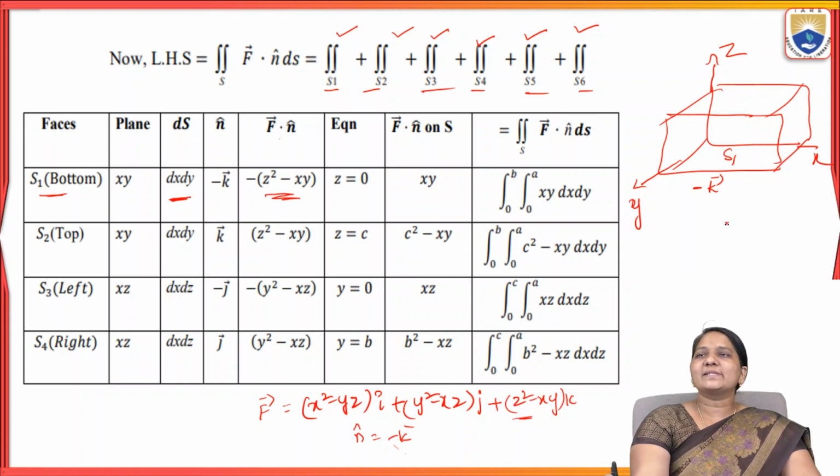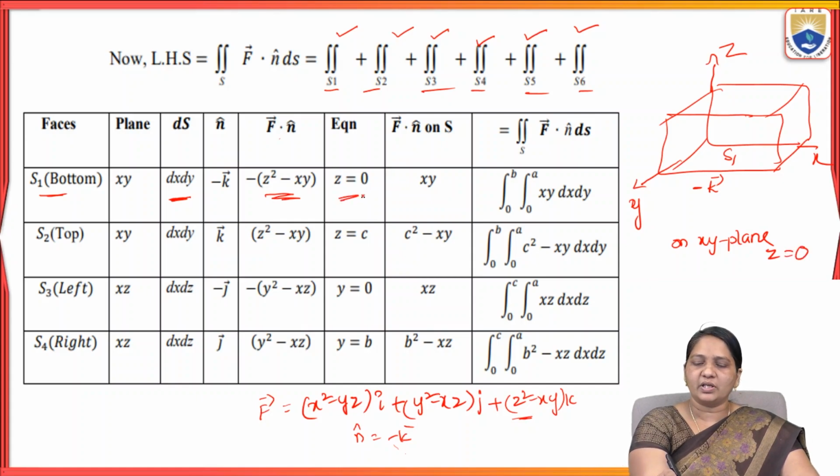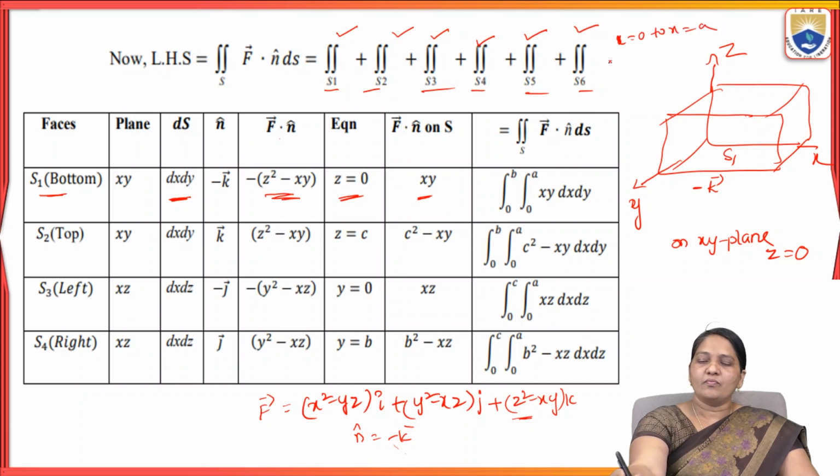And on the xy plane, z value is 0. So we are taking z equal to 0. So F dot n on the xy plane gives the xy value. For the dS value we are taking only dx and dy, so we need to take the limits of x and y only. The x limits are 0 to a, and the y limits are 0 to b.